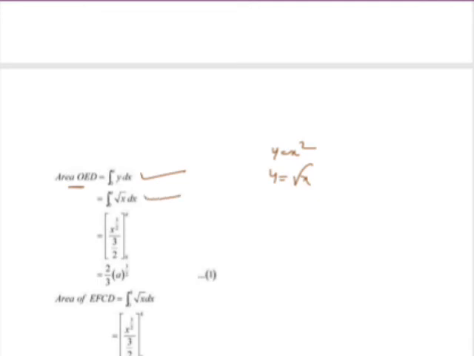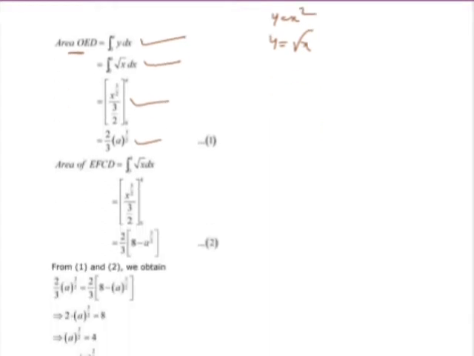Again the integration of root x is x to the power of 3 by 2 upon 3 by 2, limit 0 to a. Now applying the limit, 2 by 3 goes to the numerator, a to the power of 3 by 2. Take it as equation 1. Next we have to find the area of EFCD, because both are equal. The area of EFCD is the integral from 0 to 4 of root x dx.